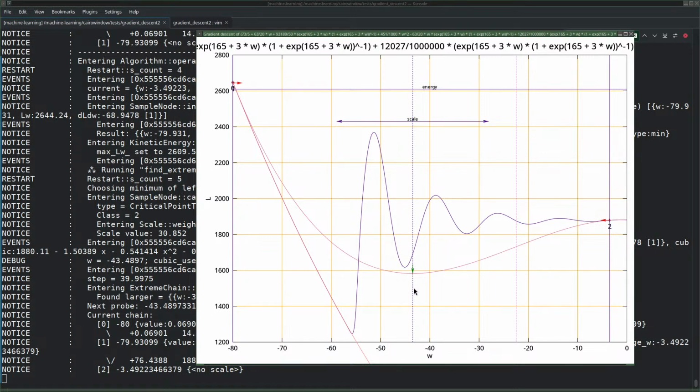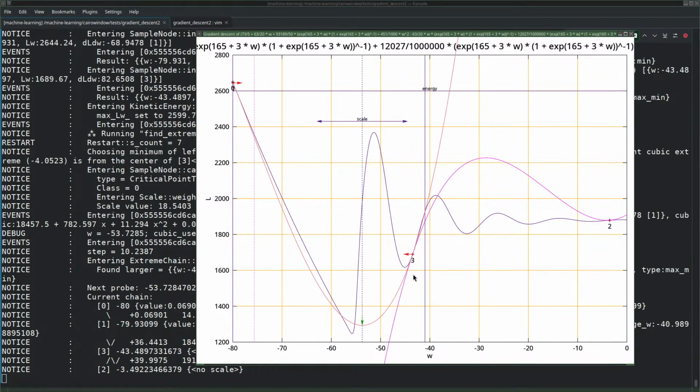What we definitely can't do is jump here and then fit a cubic between this point and that point. That point is too evil now to use. So we jump now again.